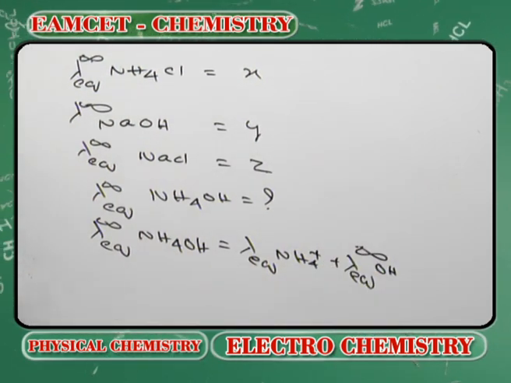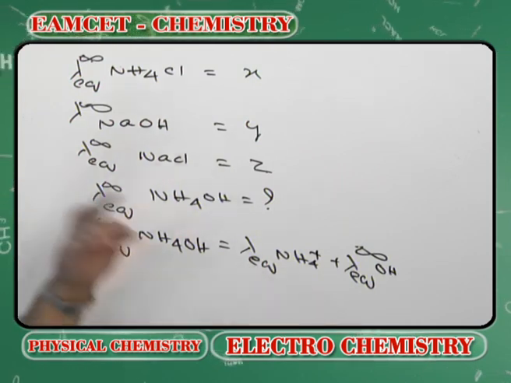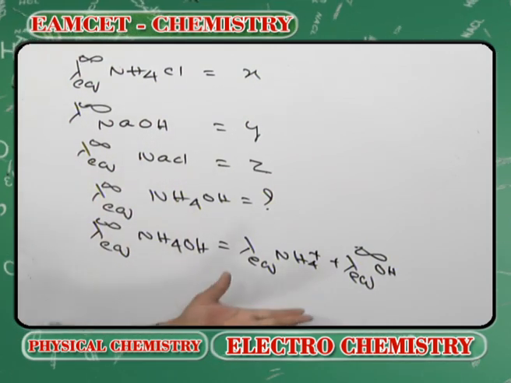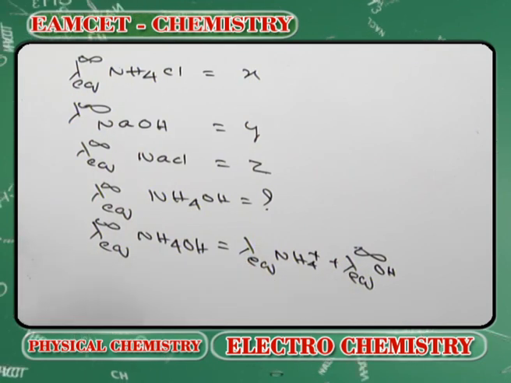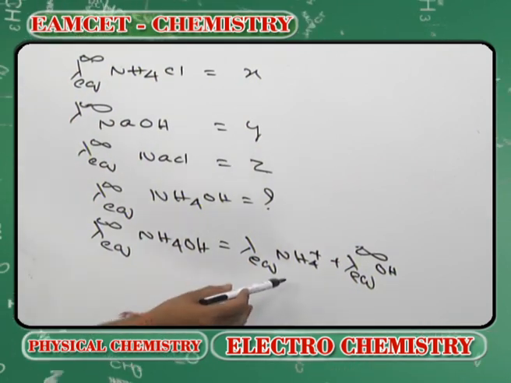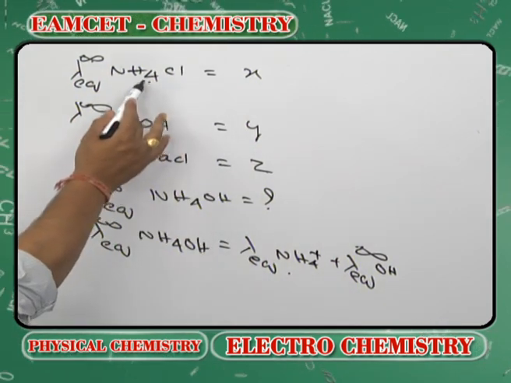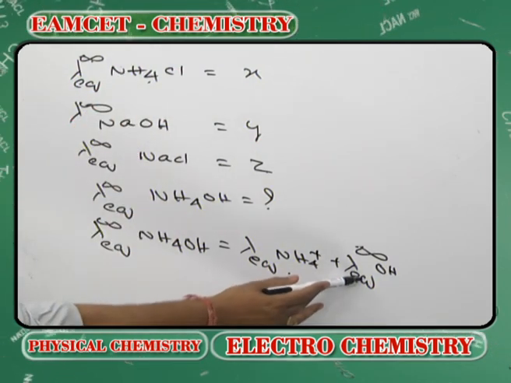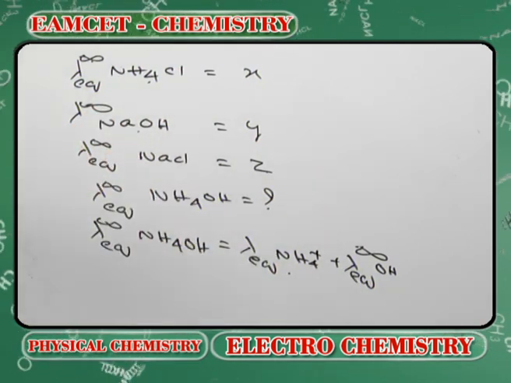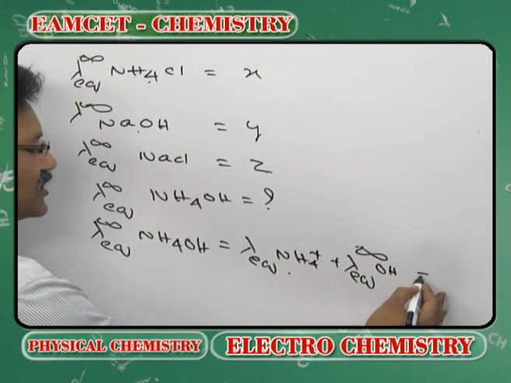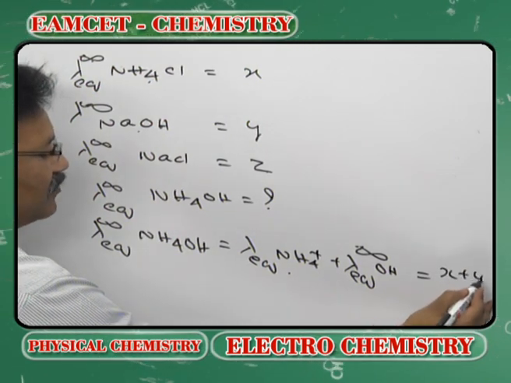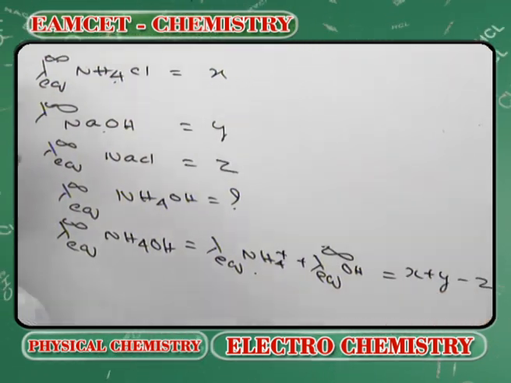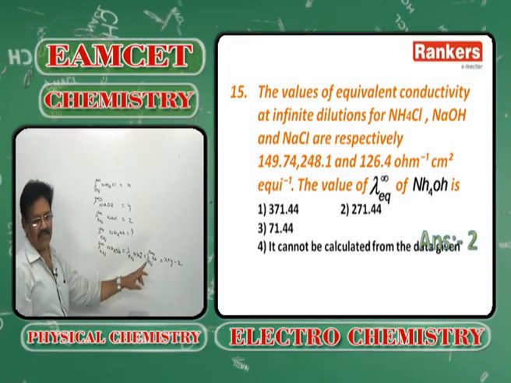This is by the Kohlrausch law statement. From the Kohlrausch law, how do we get this value? NH4 plus is in the first, and OH minus is in NaOH. So it will be X plus Y minus Z.